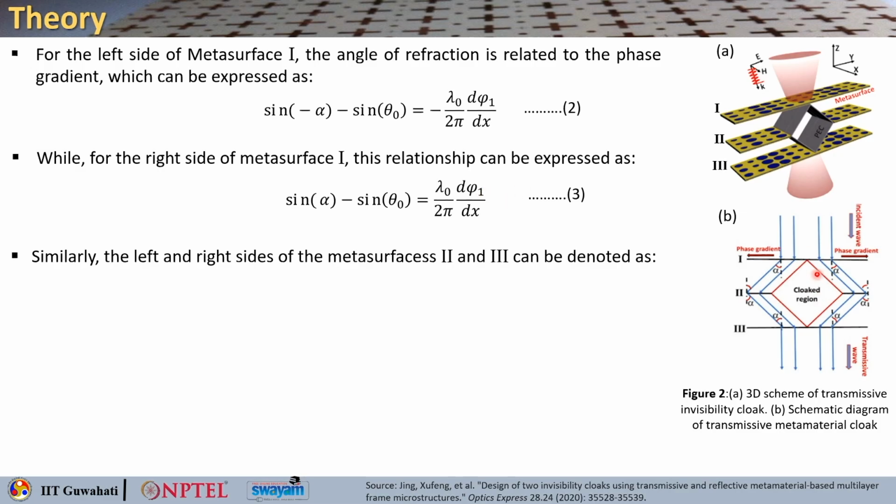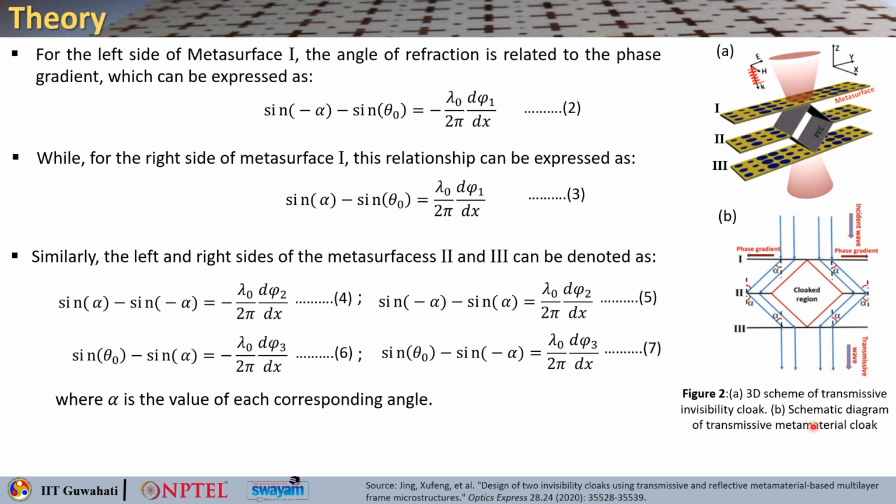Because we are considering metasurface 1, we can consider this phase gradient as dφ1 by dx. Similarly, the left and right sides of metasurfaces 2 and 3 will also be denoted like this.